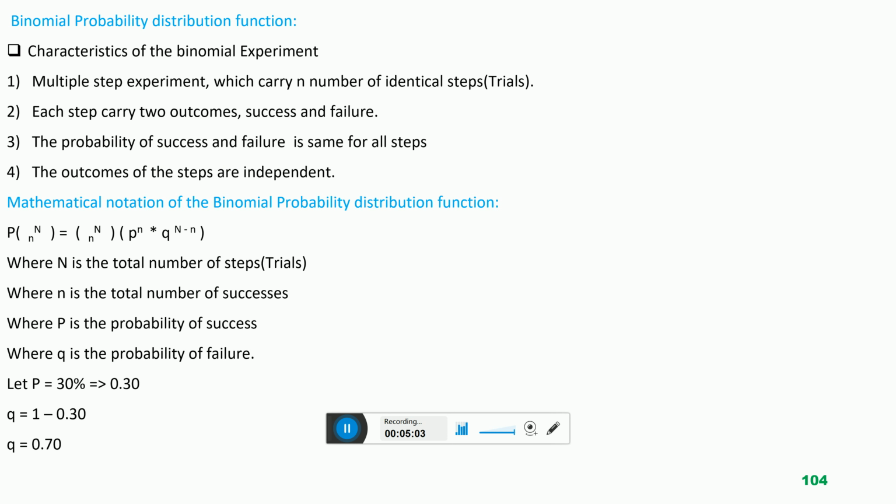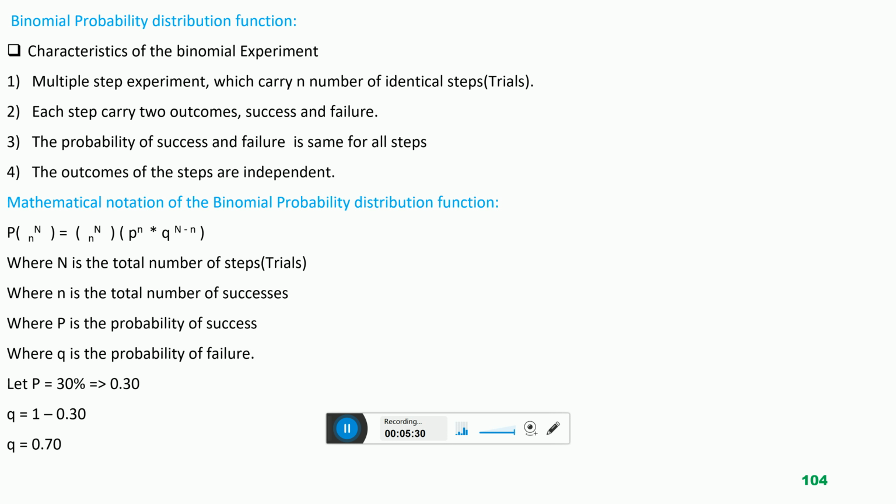It does not mean that when we toss one time and head appear, then when we toss second time again head will appear. No, maybe when we toss second time, tail appear. It is possible that when we toss first time, head appear, and it is possible that second time toss again head appear, or that second time toss give us tail. So the outcomes of the trials, the steps, are independent.